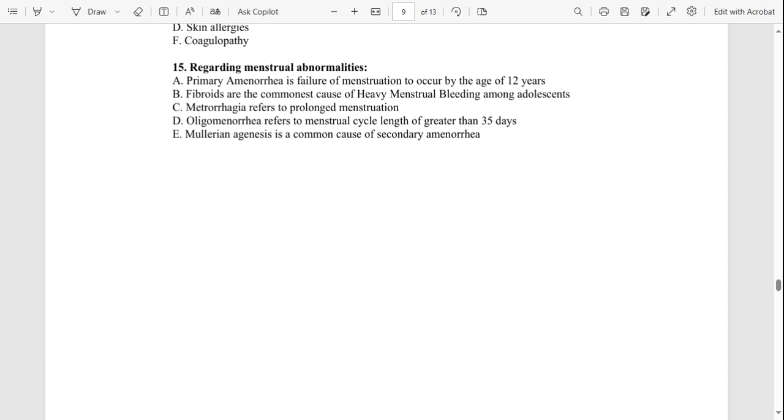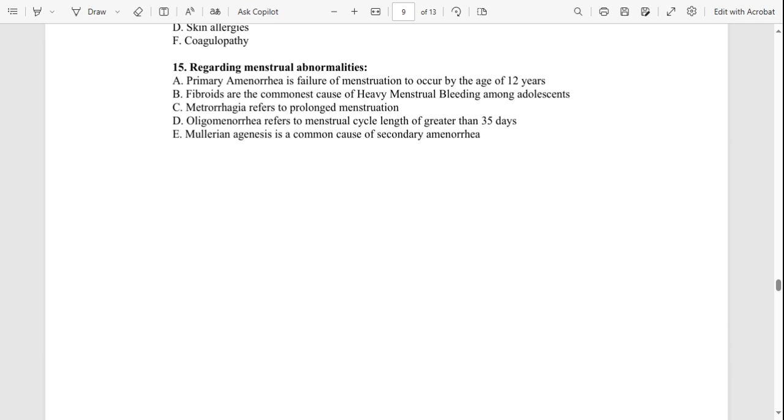Fibroids are not really the common cause of bleeding. And then the commonest is because of the hypothalamic pituitary ovarian axis being immature. And then for metrorrhagia, as the doc said, it's bleeding between. Oligomenorrhea is actually infrequent menstruation.